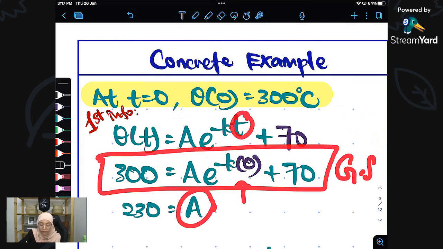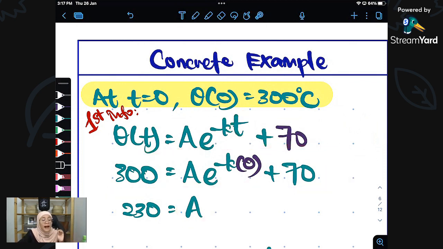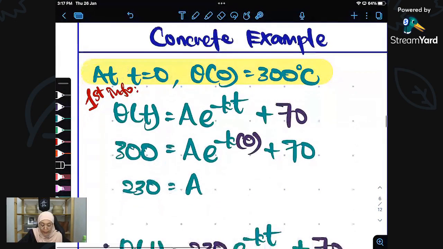And then we will get the value of A. Macam biasa, kita memang akan dapat nilai A dulu. Okay, dengan apa? Dengan time t0. It's always like that. It will always give you the initial time. Untuk mana-mana soalan pun, saya garanti lah semua soalan akan bagi kita initial time untuk dapat nilai A.